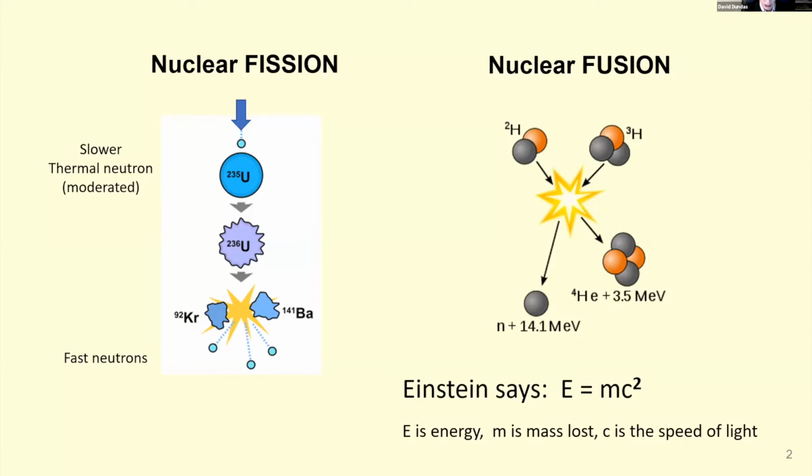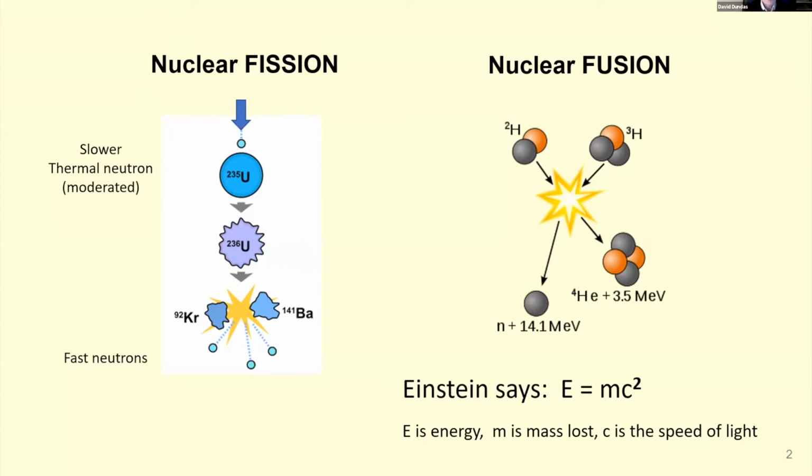In fission power, as it sounds, you split the atoms in two, and you actually get a small loss of mass, and as a result, you get a large increase in emissions of energy.